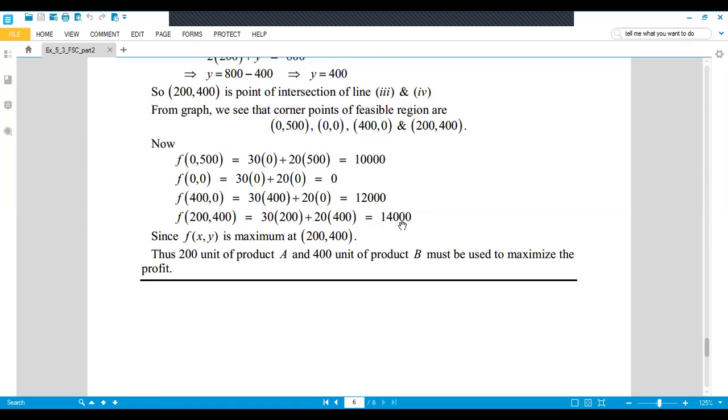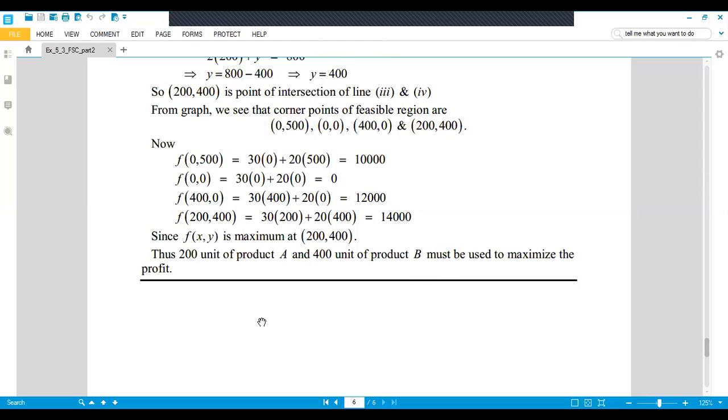So 14,000 is the maximum value, and we get it from (200, 400). So since the function is maximum at point (200, 400), 200 units of product A and 400 units of product B must be used to maximize the profit.